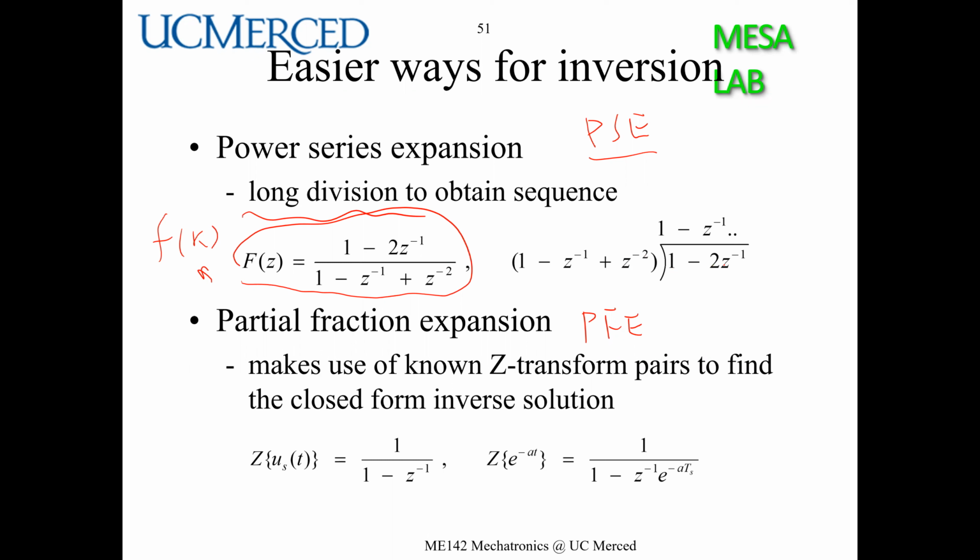So what you are going to do is, you have 1 minus, so you have a... if you put a 1 in here, you are going to have 1 minus z^-1 plus z^-2. So this one times this one, you will get this one.